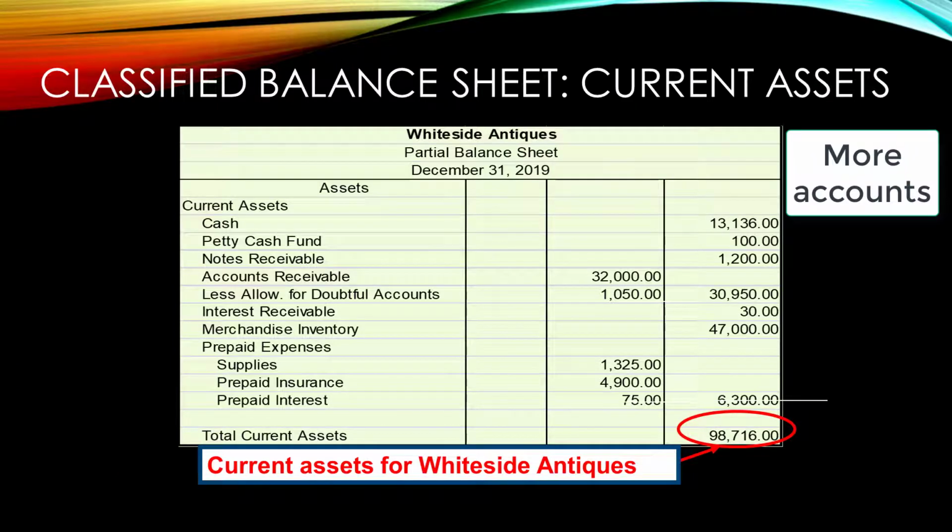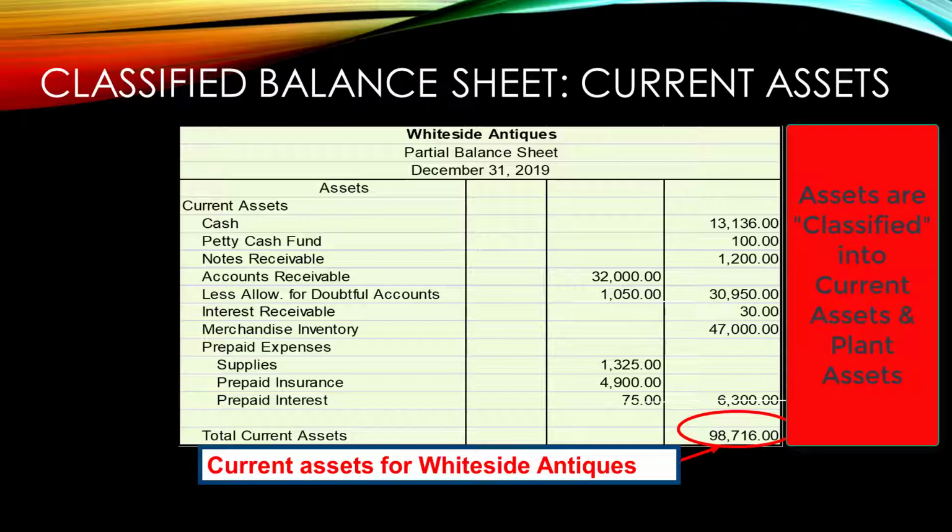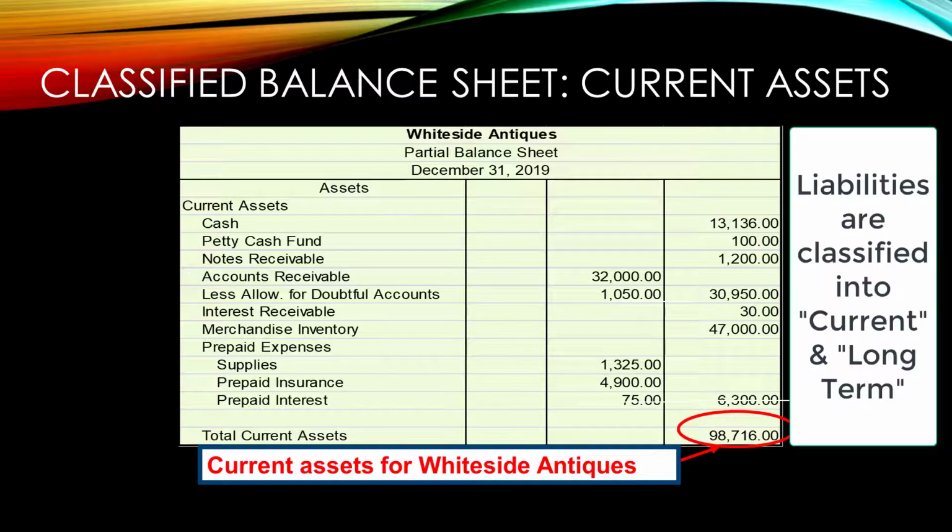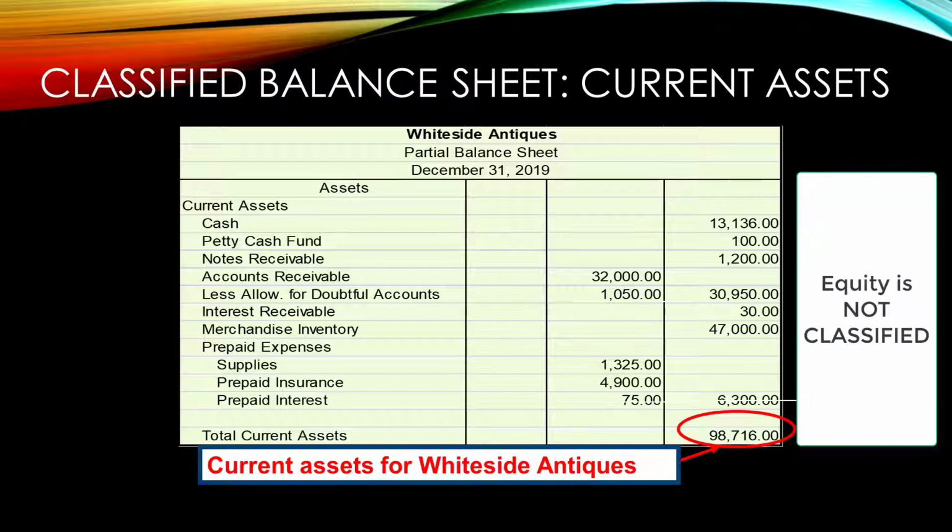In fact, this is called a classified balance sheet. What that means is the assets are classified into current assets and plant assets, and the liabilities are classified into current liabilities and long-term liabilities. It's interesting to note that equity is never classified.